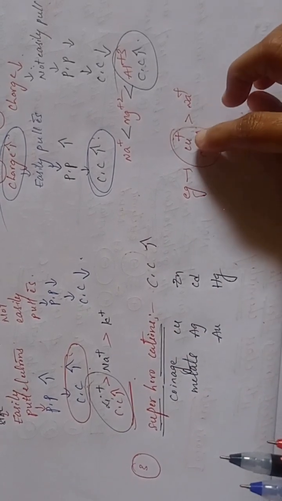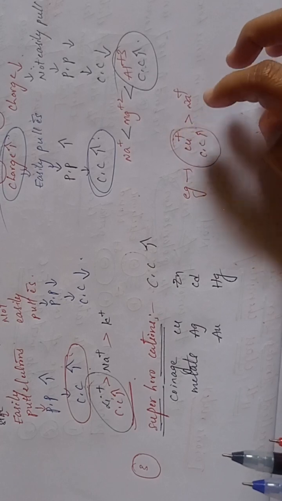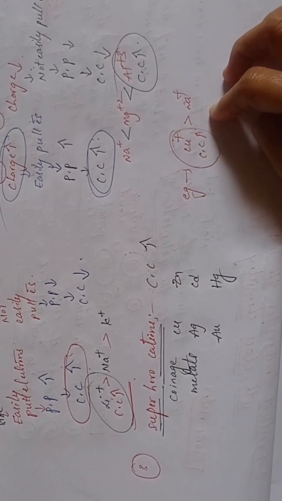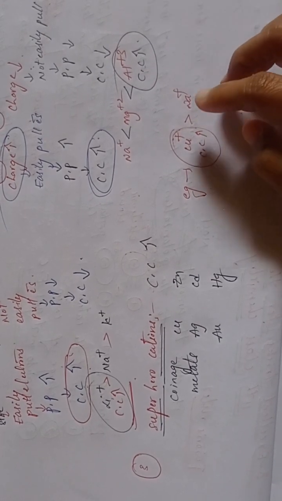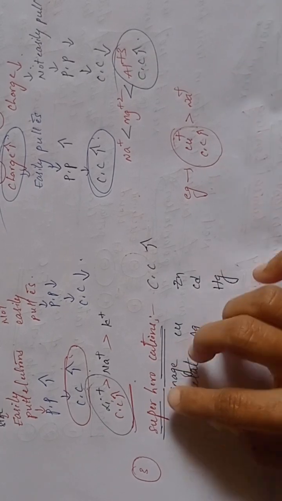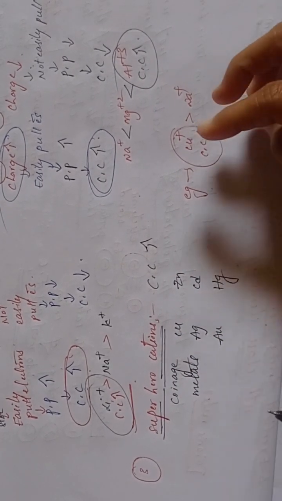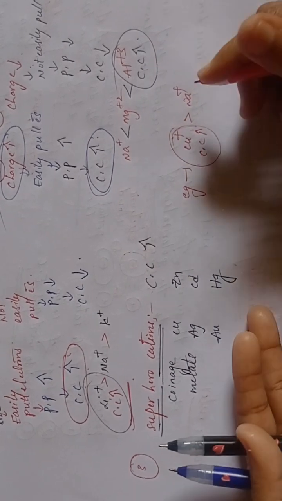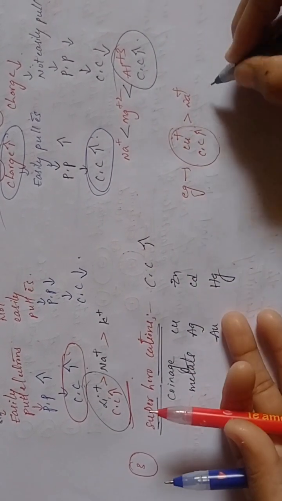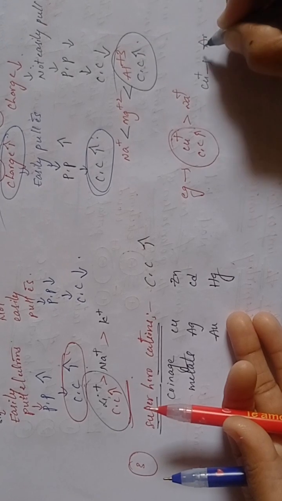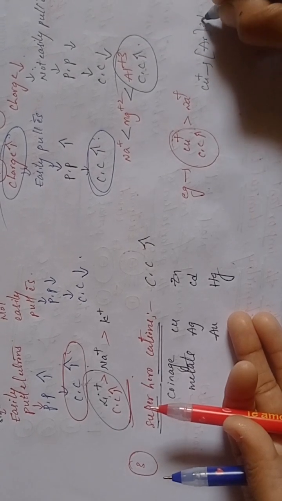Now take the example Cu+ and Na+. Which has more covalent character? The one showing the pseudo inert gas electronic configuration, the superhero cation. Cu+ has more covalent character because its electronic configuration is argon 3d10.